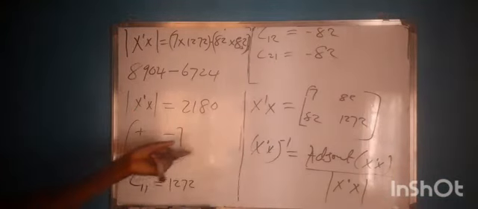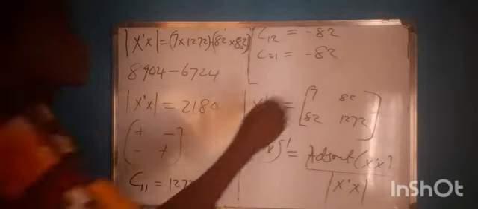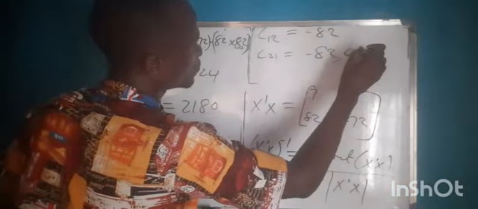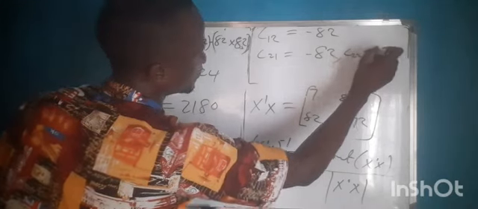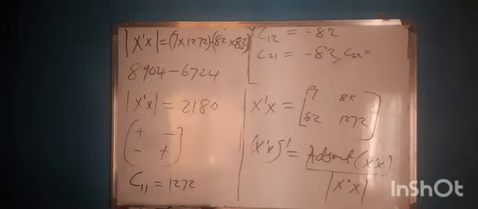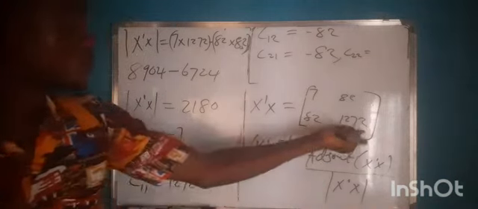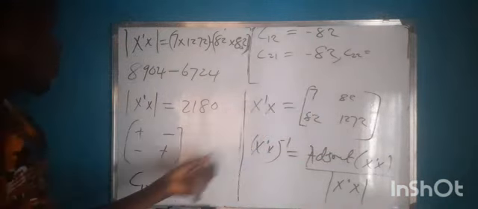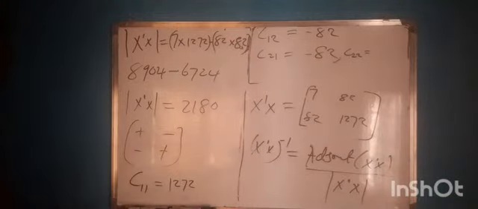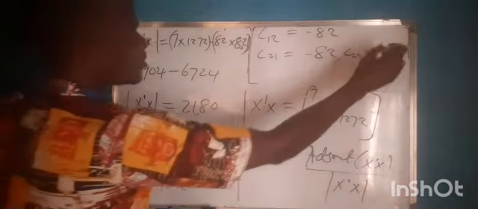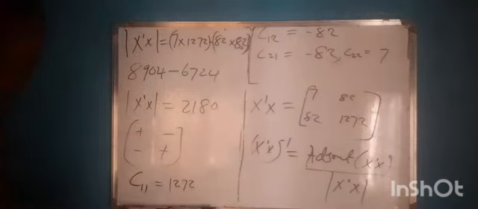And our C22, which is row 2, column 2, this is the position of the C22. The number that is opposite here is 7. You multiply by this sign, which is positive, and we have plus 7. So you put them together in matrix form.